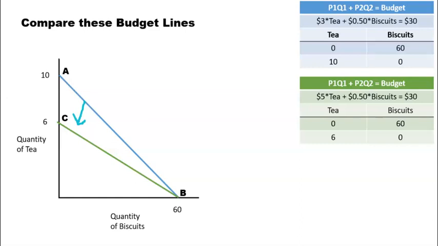Now, this would change if we had different lines. Our different price changes, up or down, they would change. But in this case, we had a shift in the price of tea because it only shifted on the y-axis, not the x-axis.